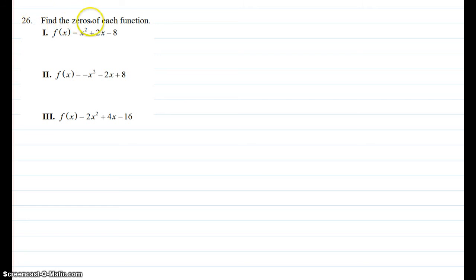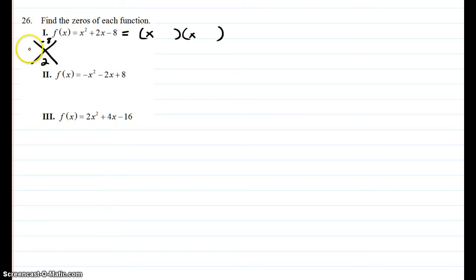Alright, 26, find the zeros of each function. So hopefully by now you can look at this and factor it. If you can't, you can always draw the x. 1 times negative 8 is negative 8, and they have to add to 2. So what number multiplies to negative 8 but adds to 2?